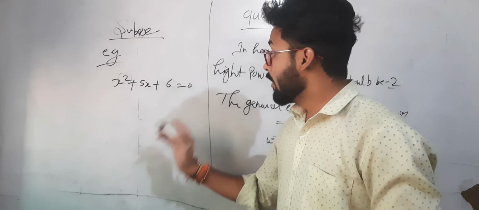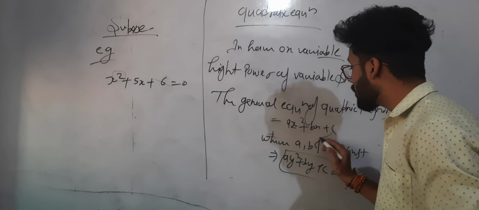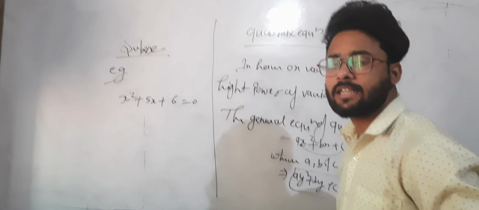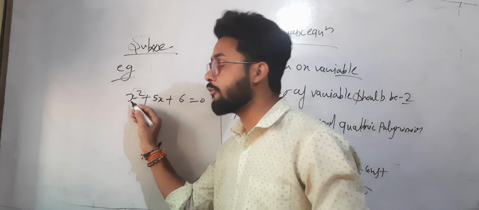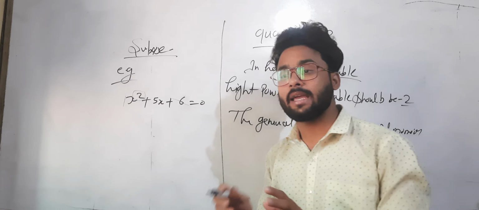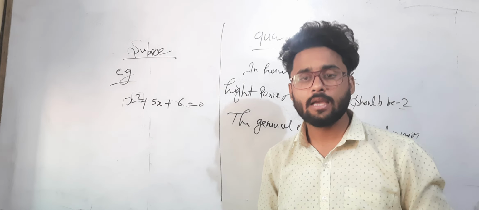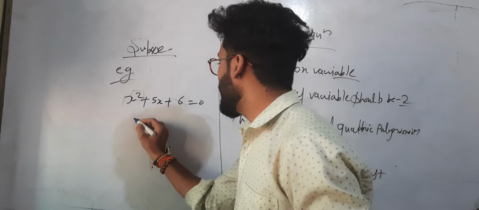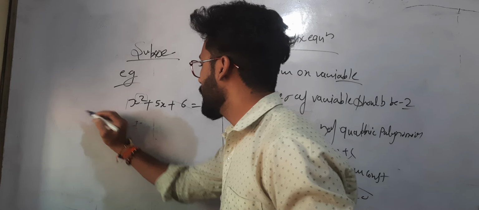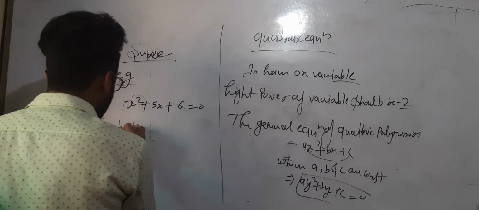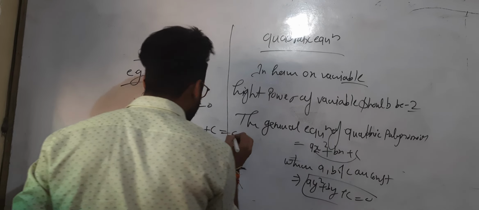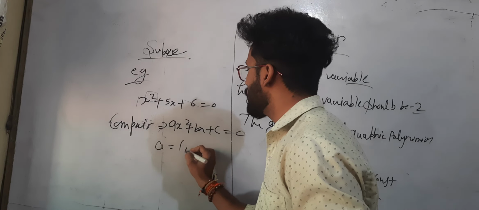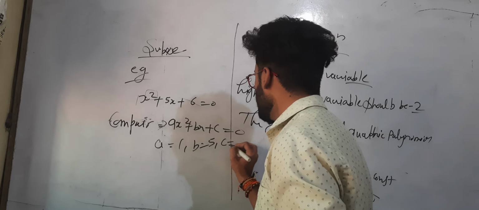First, we multiply the coefficient of x square and the constant c. Here x square has coefficient 1; if a term has no written coefficient, you can take the coefficient as 1. Comparing with ax square plus bx plus c equal to 0, a is equal to 1, b is equal to 5, c is equal to 6.